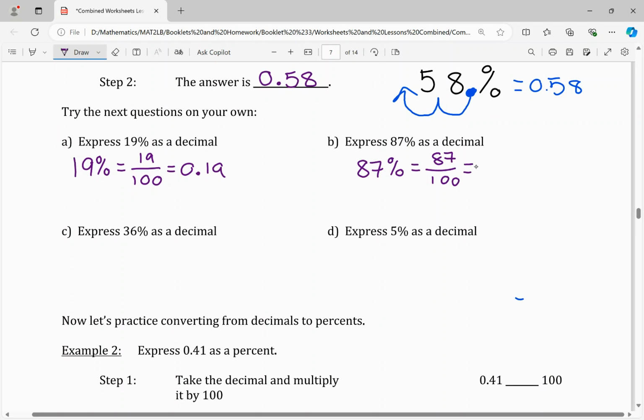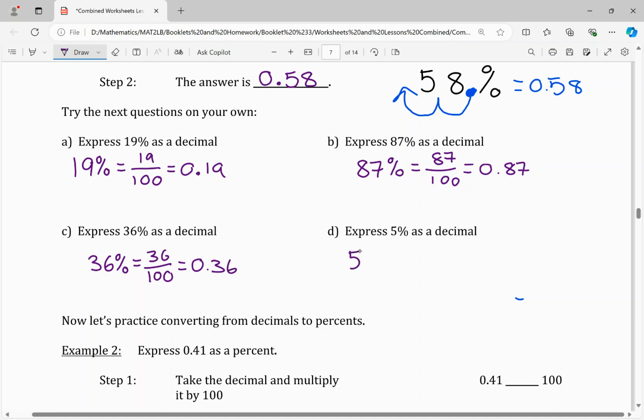Plug that into a calculator and you get 0.87. 36% is equal to 36 over 100. Plug that into a calculator, divide 36 by 100, and you get 0.36.